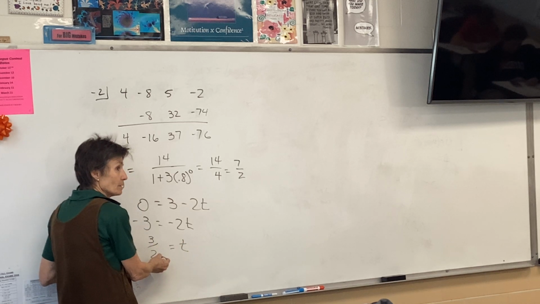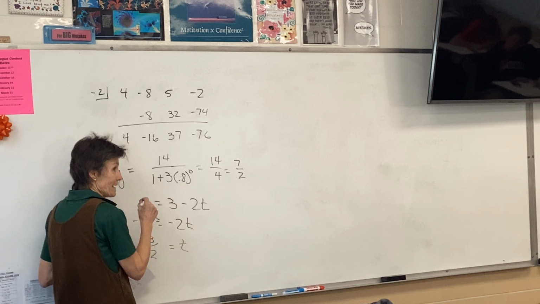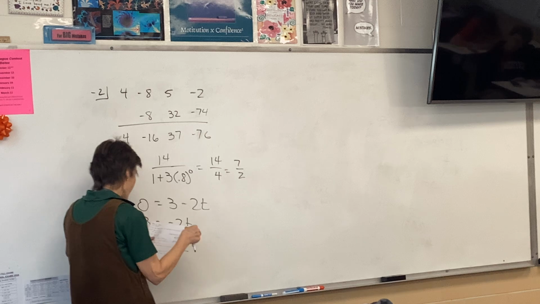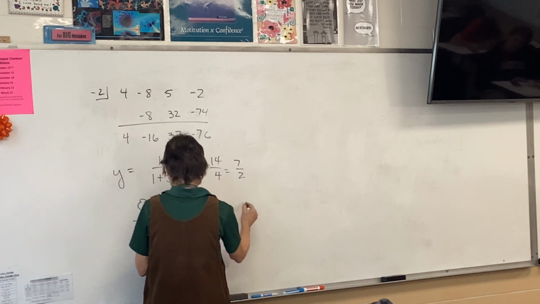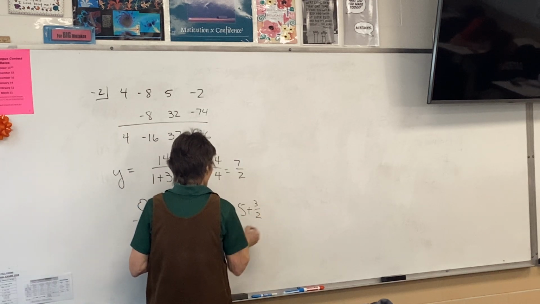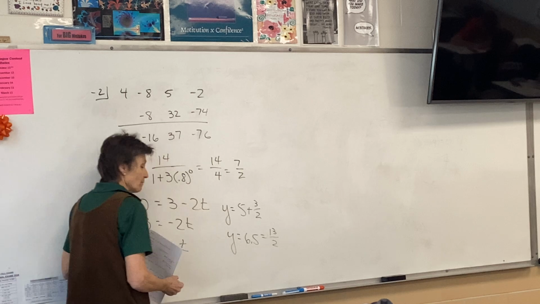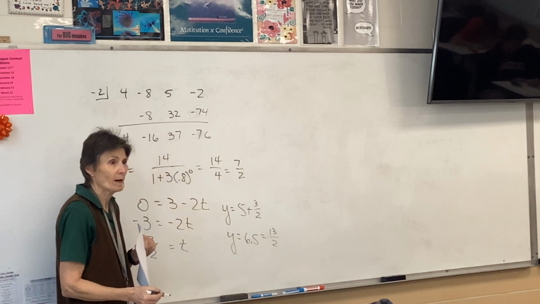Yes. But I'm looking for a y. So now what will I do? Plug that in. Take that 3/2 and y equals 5 plus 3/2. So 6.5 or 13/2. However you want to express that. That's your y-intercept.